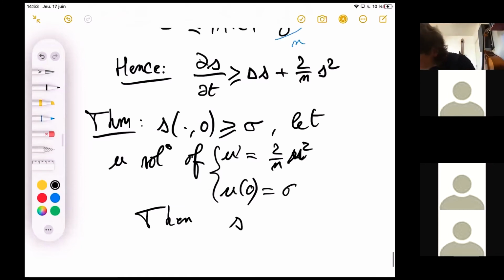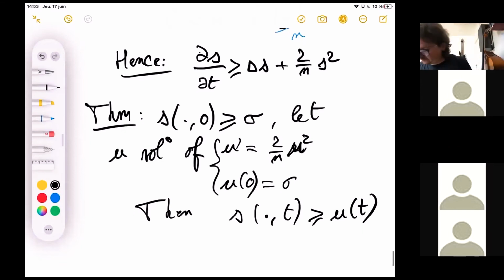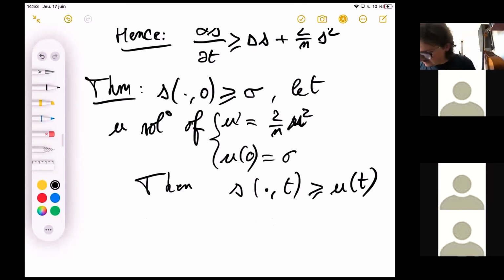Then, as long as it makes sense, S has a uniform in space lower bound here. And actually, you can solve the ODE as just like a college freshman.